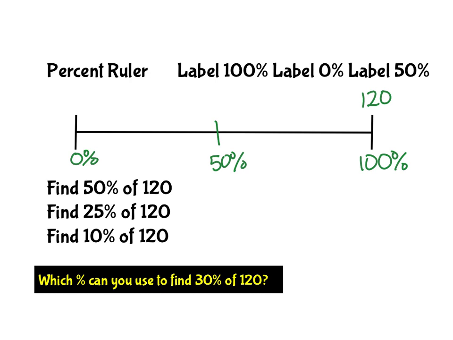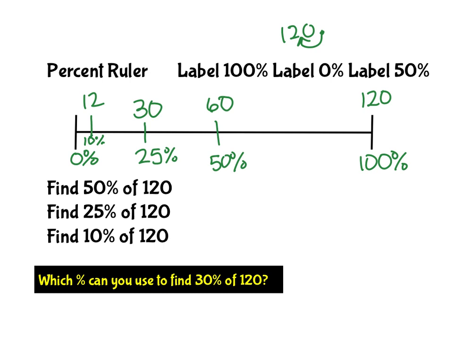All right, so 50% would be 60. And then we're going to cut 50% in half, so we cut 60 in half. And then we need 10%. We can start with our original 120, move your decimal point over one spot, and 10% is 12.